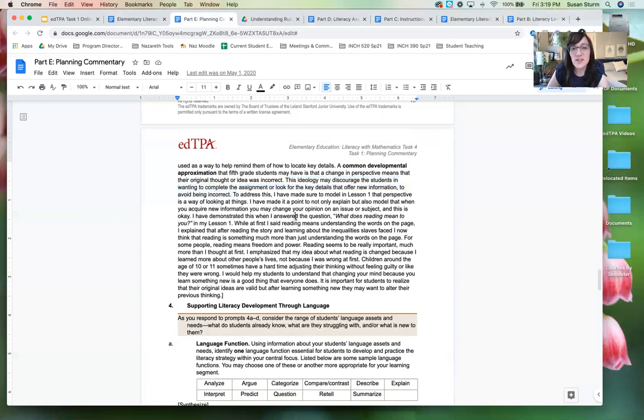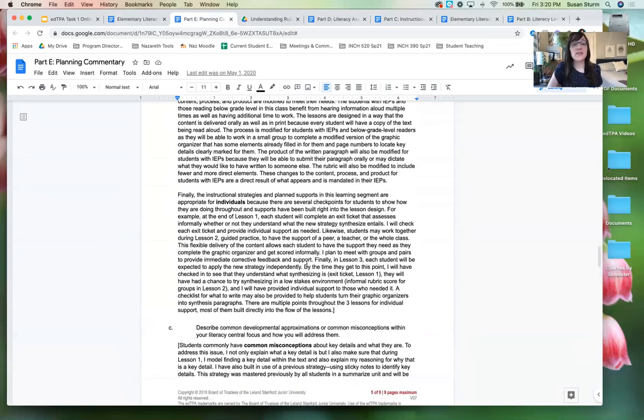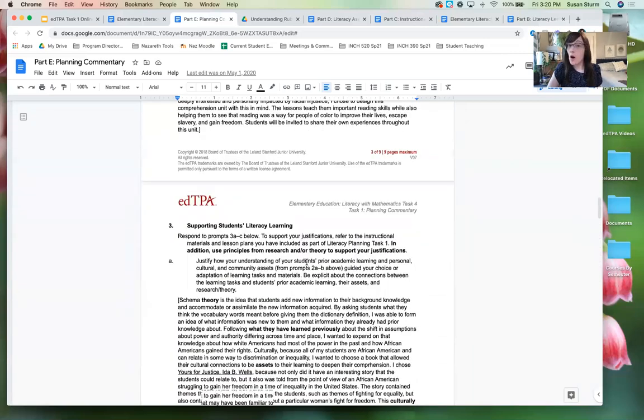To address this, I've made sure to model in lesson 1 that perspective is a way of looking at things, and there's a strategy for dealing with that. These are good ideas that this is the kind of writing you should do for this. Children around age 10 or 11 sometimes have a hard time adjusting their thinking without feeling guilty. Yes, she's just continuing. Okay, so that is responses to prompts 2 and 3, all of them.